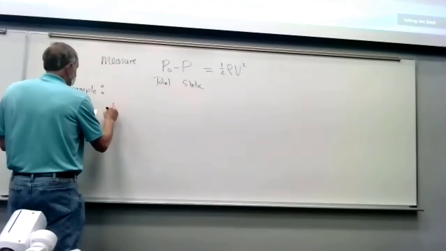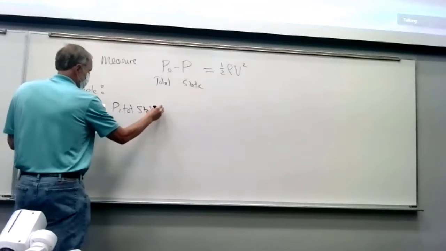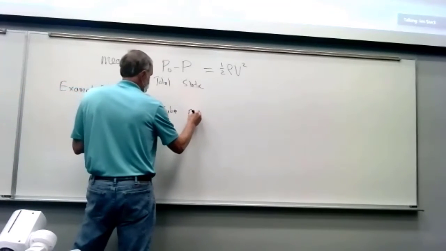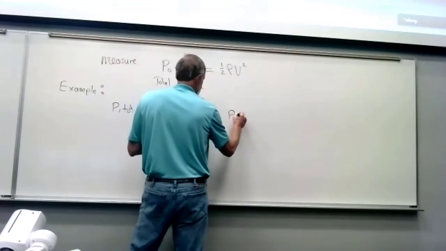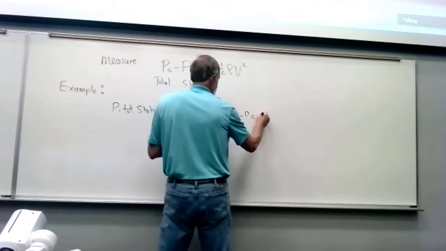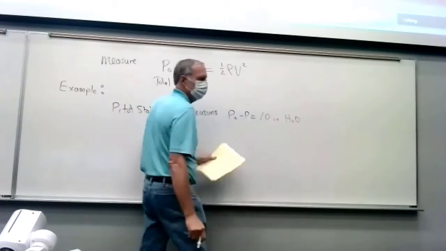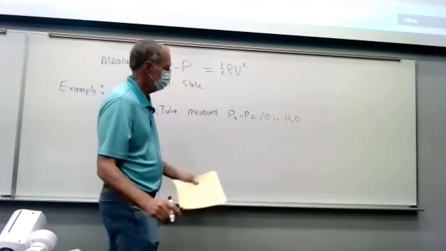Let's say a pitot-static tube measures that difference to be 10 inches of water. So immediately you go, that's not standard units for pressure, right?